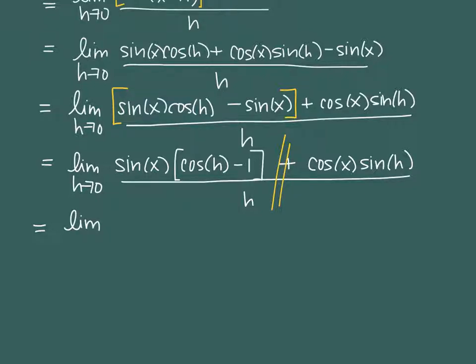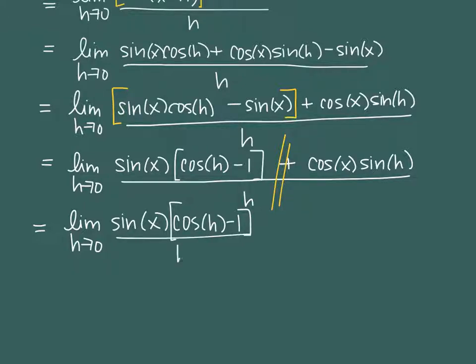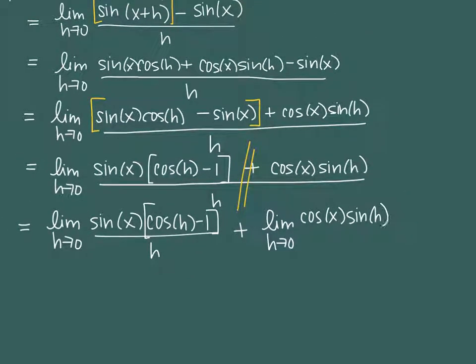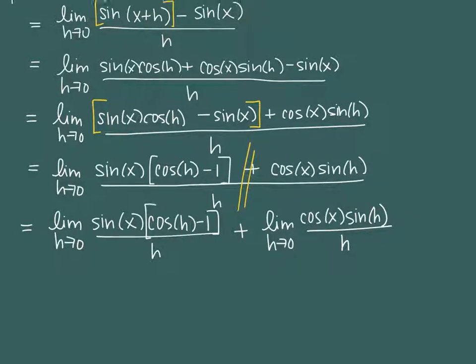So I will now have the limit as h approaches 0 of sine of x times the cos of h minus 1, and that will be over its own denominator h, plus, and then I'll have a new limit of the second half of the problem, and it will be over its own denominator h.